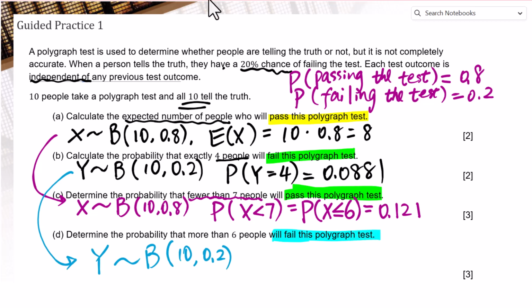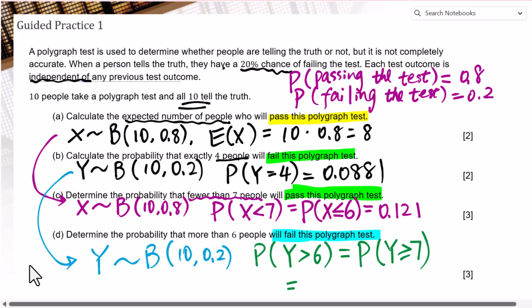We are looking for the probability of Y greater than 6, which is the probability of Y greater than or equal to 7. Lower bound is 7, upper bound is 10 or a really big number.